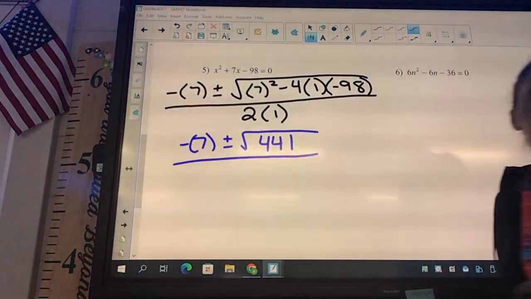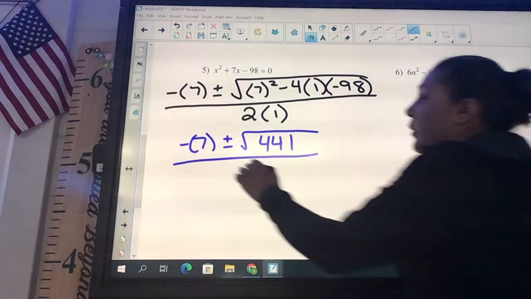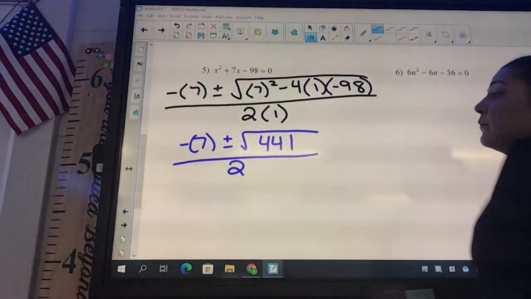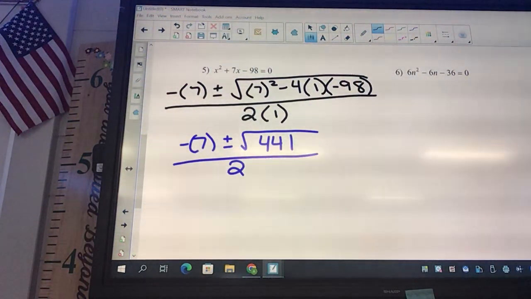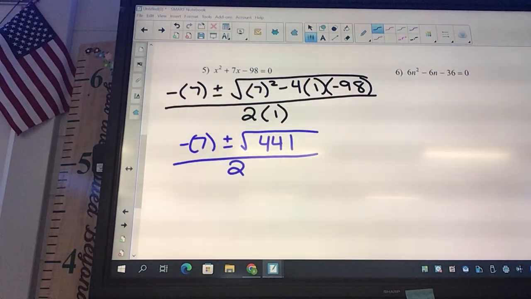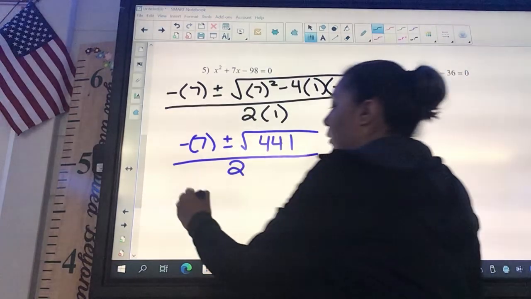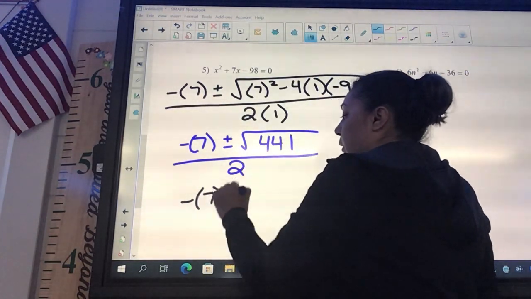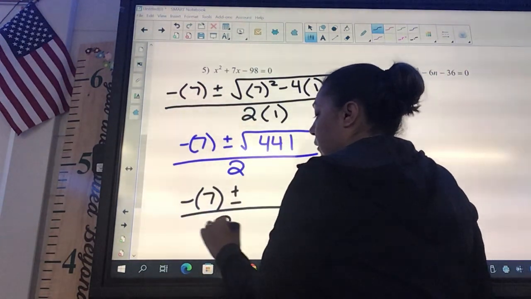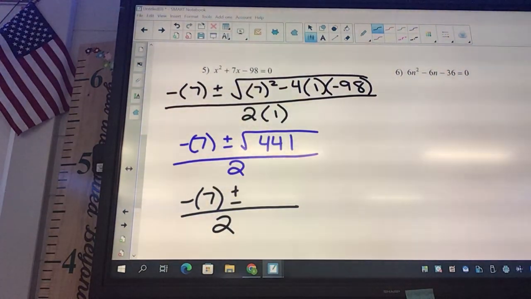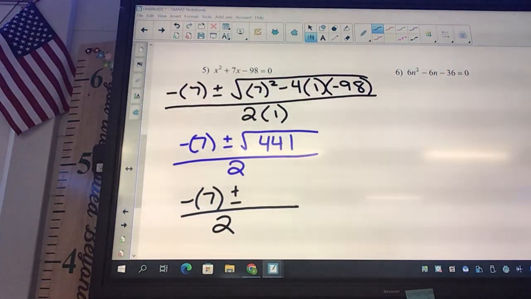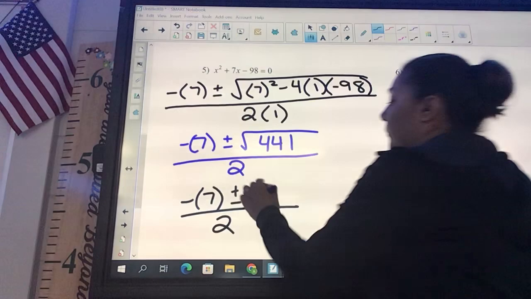And what are you going to get for the bottom? 2. Okay, and then what do we type in on the calculator? Square root of 441. What do you get? 21.